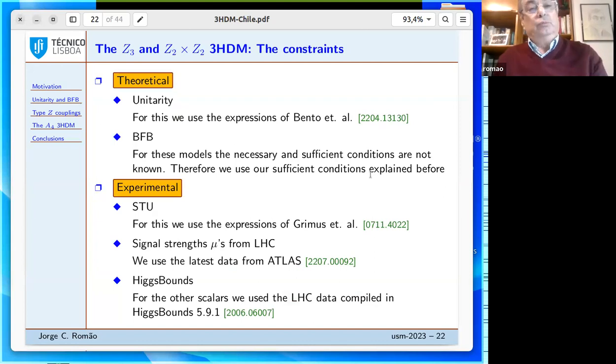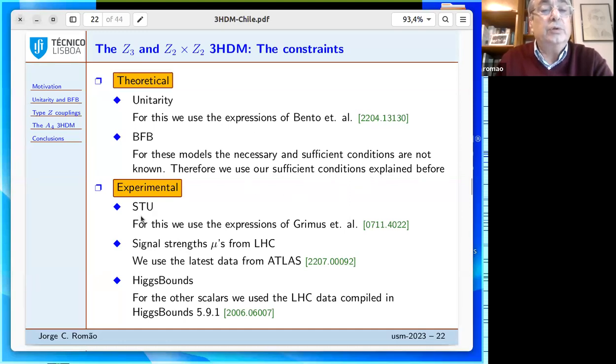Now to apply this to the codes, you need first to apply these constraints. Then you take the unitarity, as I told you. You can use expressions from our paper for the bounded from below conditions. For these two models, the necessary and sufficient conditions are not known, so you just use the sufficient conditions that I've explained before.